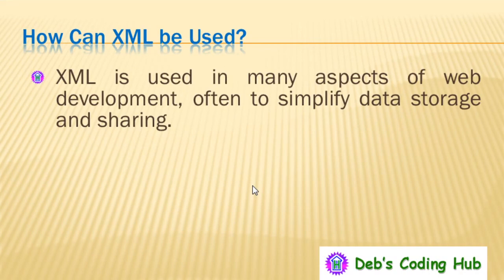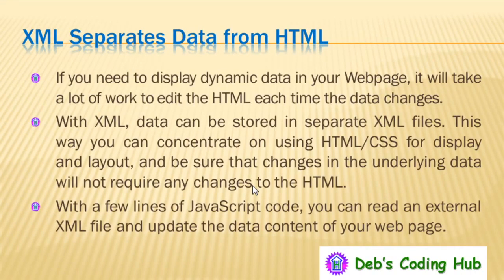Now, how can XML be used? XML is used in many aspects of web development, often to simplify data storage and sharing of data. One more advantage of XML is that it separates data from the HTML file. If you are combining an HTML file and using JavaScript we are trying to display the data from an XML file, it is possible.